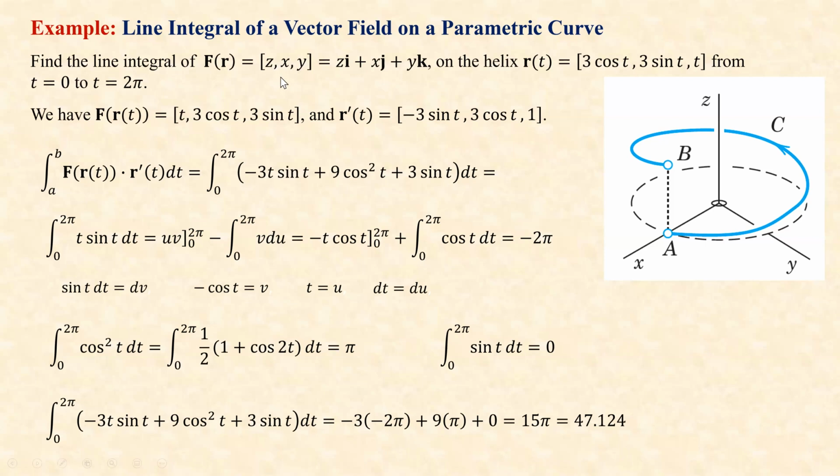We don't have units here, but if these were in meters, then it would be meters squared, because this is a dot product, meters times meters. But here it's just math. It doesn't have dimensions, so it's just a number. That is the line integral of this vector field along this path from A to B, which becomes that integral, and then becomes 47.124.